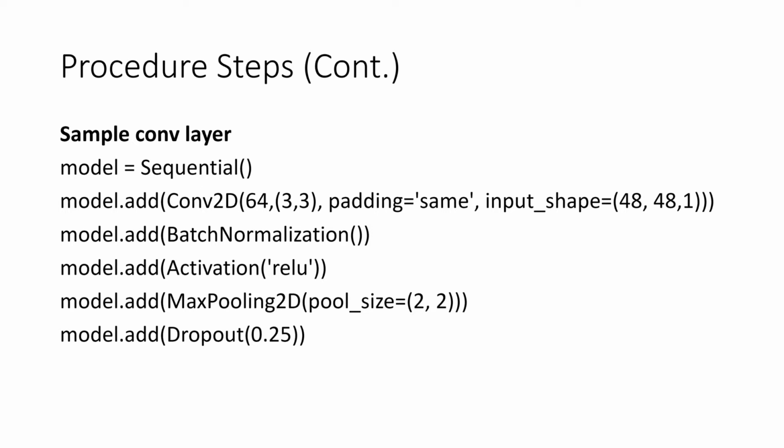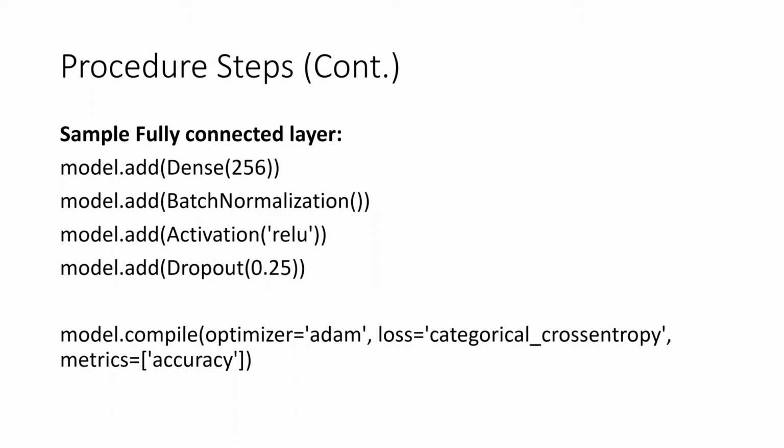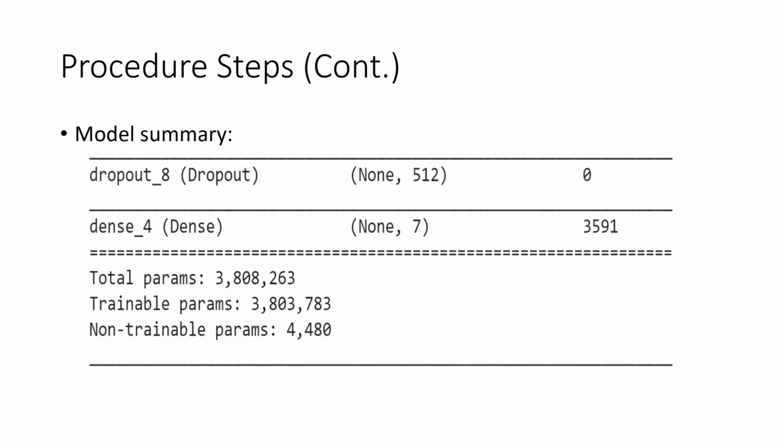This is for performance. And batch normalization is very efficient. And this is for our fully connected layer, where we have dense 256, and again ReLU activation, and dropout is 0.25, and we used the batch normalization function. And when we compile, we use categorical cross entropy for the loss function, and Adam optimizer, the first optimizer.